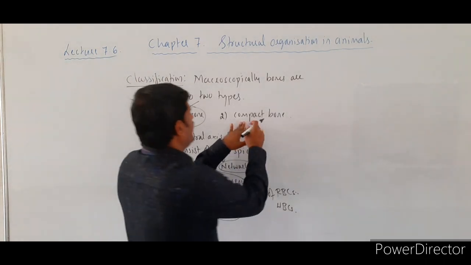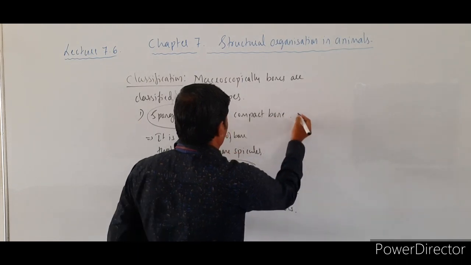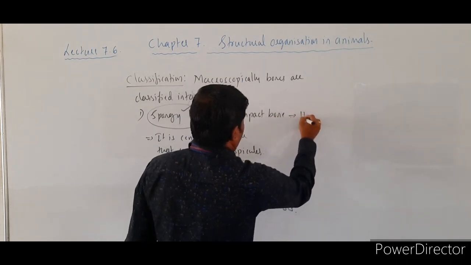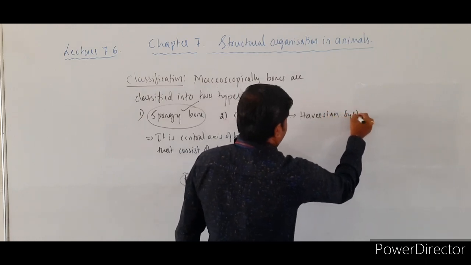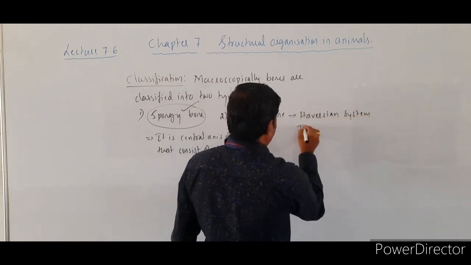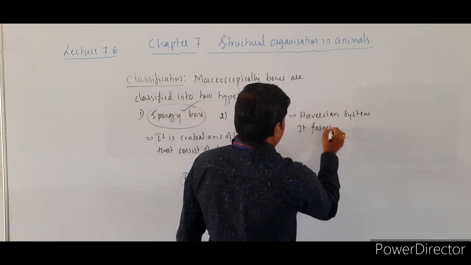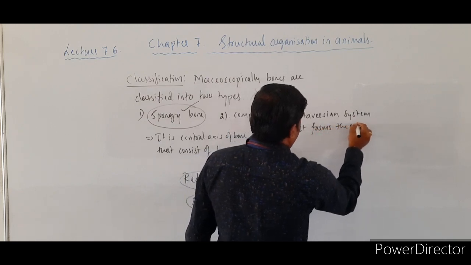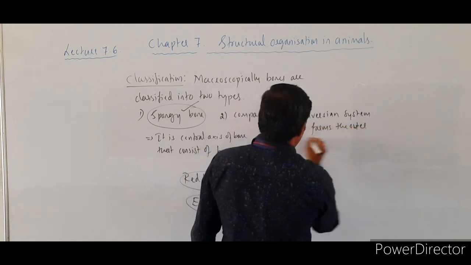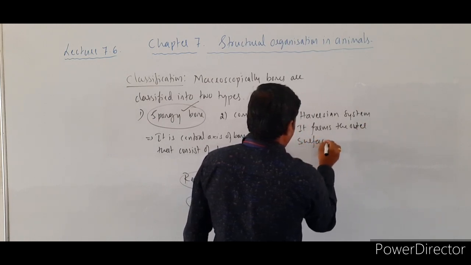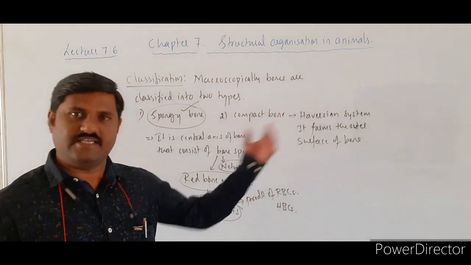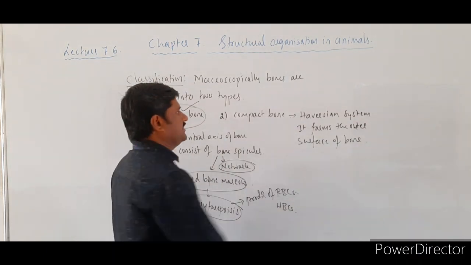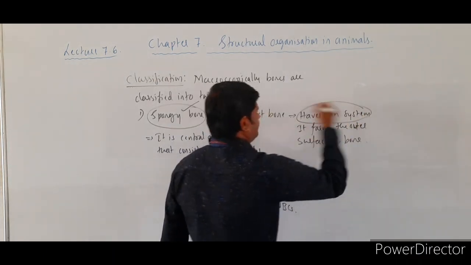And compact bone itself consists of Haversian systems. So it forms the outer surface of the bone, which contains many Haversian systems.